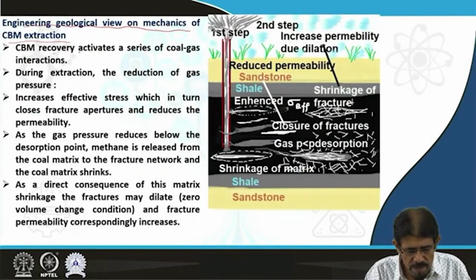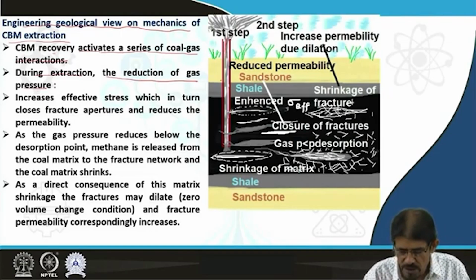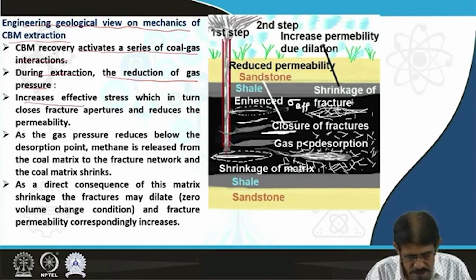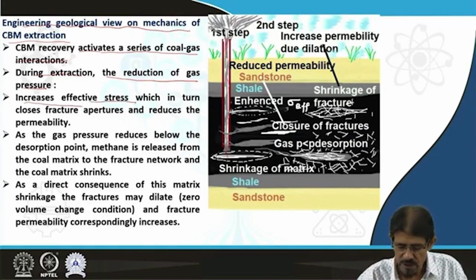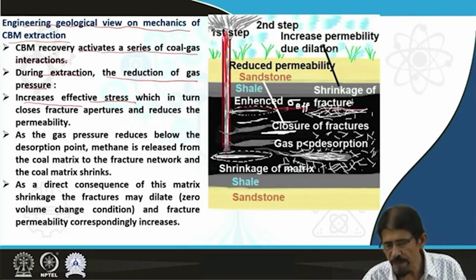CBM recovery activates a series of coal-gas interactions during extraction. The reduction of gas pressure in the first step increases effective stress. When the gas pressure is released due to release of CBM from this zone, there is enhanced effective stress.